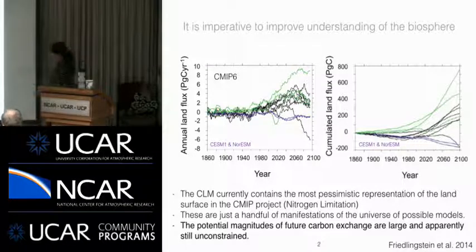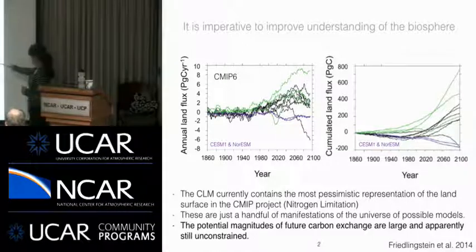Another thing to note is that these two blue lines, they're the NCAR Earth system model, or the NorESM, which is more or less the same. Both have the same land surface. And what that's saying is that our model is the most pessimistic version of the land surface in this ensemble. We know why that is, because this model has a representation of the nitrogen cycle, which means that plants are limited in how much they can respond to fertilization by CO2.